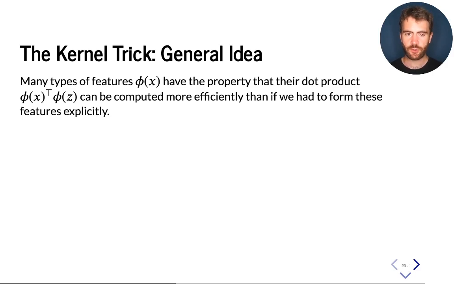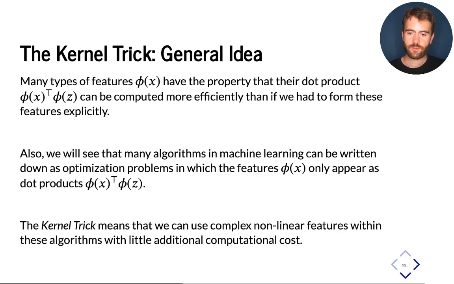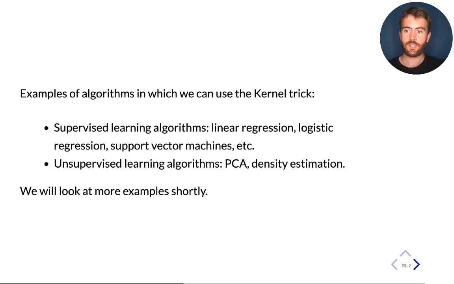And again, the idea of the kernel trick is whenever in a machine learning algorithm the formulas are functions of the dot products instead of the features themselves, we can accelerate them, and we can often have arbitrarily complex features without any computational cost whatsoever. This can be used in many algorithms. Even though I only showed it within ridge regression, we can also apply it in various other forms of linear regression.